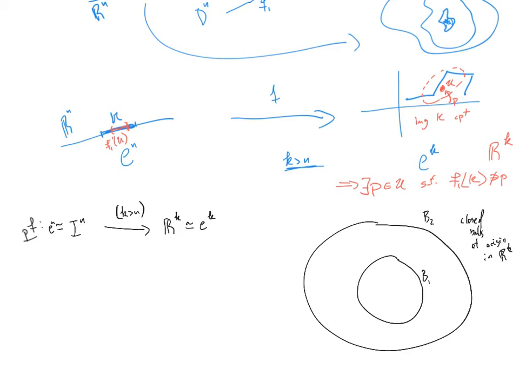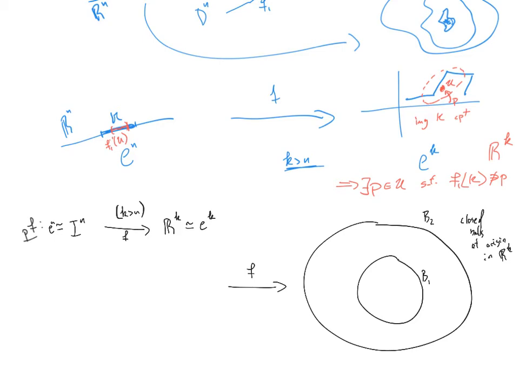Okay, and we're going to look at their pre-images underneath this map. So we've got this. Here's F.